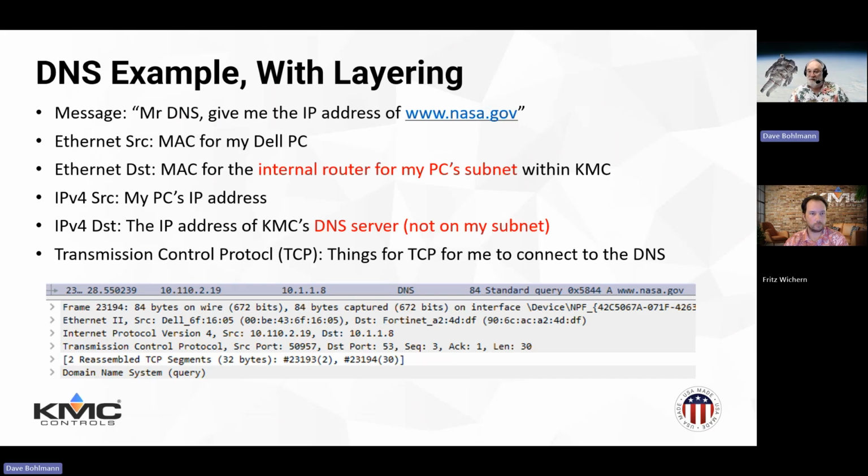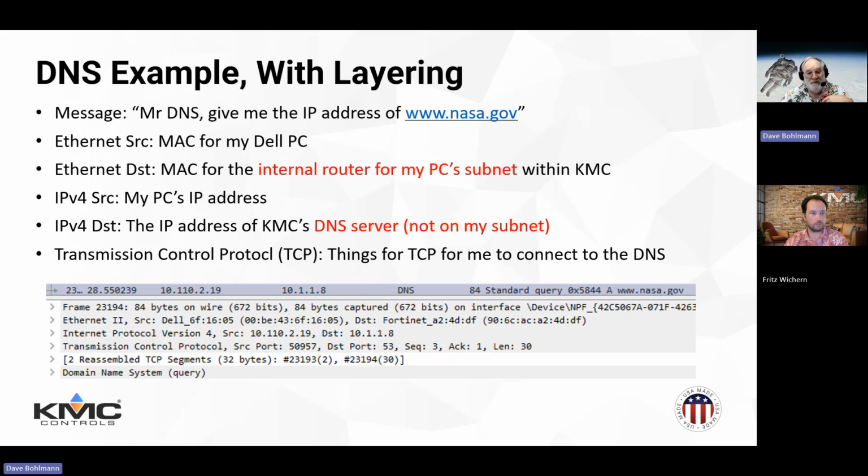Okay, so here's an example then. This is an internet, my web browser example. I'm trying to talk to a DNS server, and my browser says I want the address of www.nasa.gov. So here's that one message. The Ethernet part: this is my PC, and this is the default gateway router, like it says there. Then the IPv4 source is my IP address, and this is the DNS, so this is a DNS message.